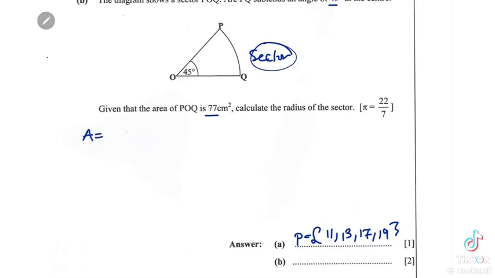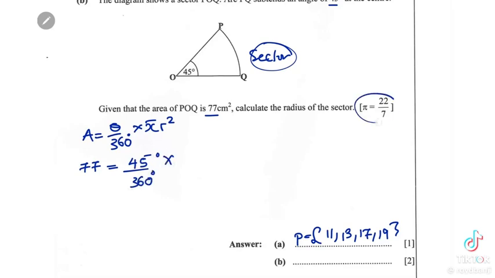The area of a sector is equal to theta over 360 degrees multiplied by pi r squared. So the area is given, 77, equal to theta, the angle given, 45 degrees, divided by 360 degrees, multiplied by pi, you take it to be 22 over 7, multiplied by radius squared.